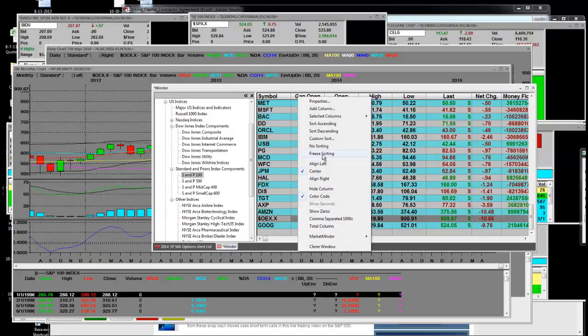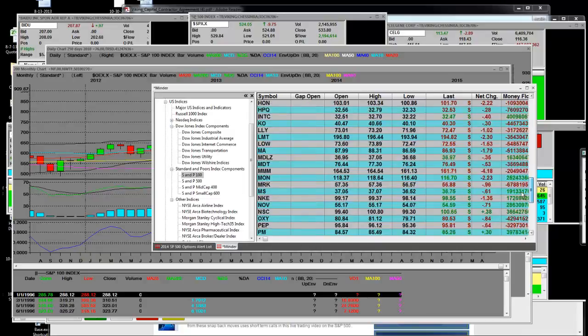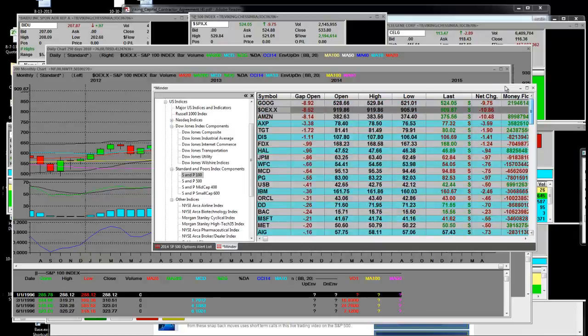They're both weighted in certain indexes and whatnot. What I am going to show is that Google had a big gap down. The OEX, this is the S&P 100: Amazon, American Express, Target, Disney, FedEx, and from there there wasn't much trading.